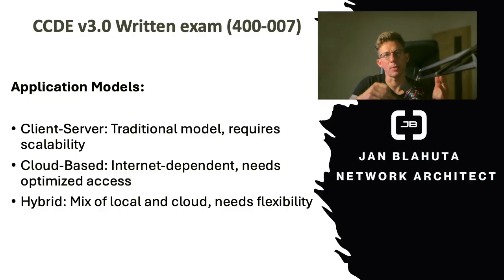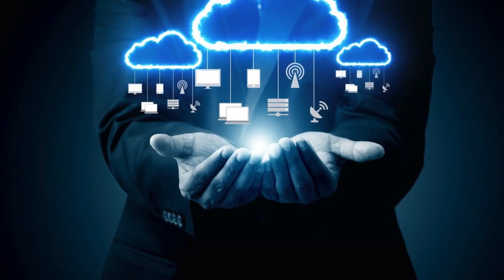Okay, next up, application models. These are all about how your apps interact with the network. First up, the client-server model. Classic setup, apps run on a server and users connect from elsewhere. Think email or database queries. The network needs to be solid and scalable to handle the traffic. Then there are cloud-based applications.